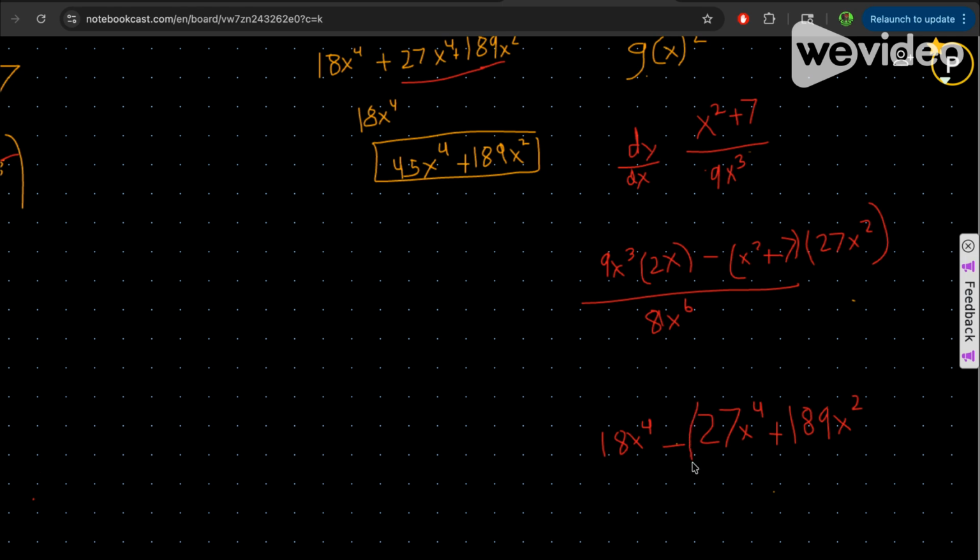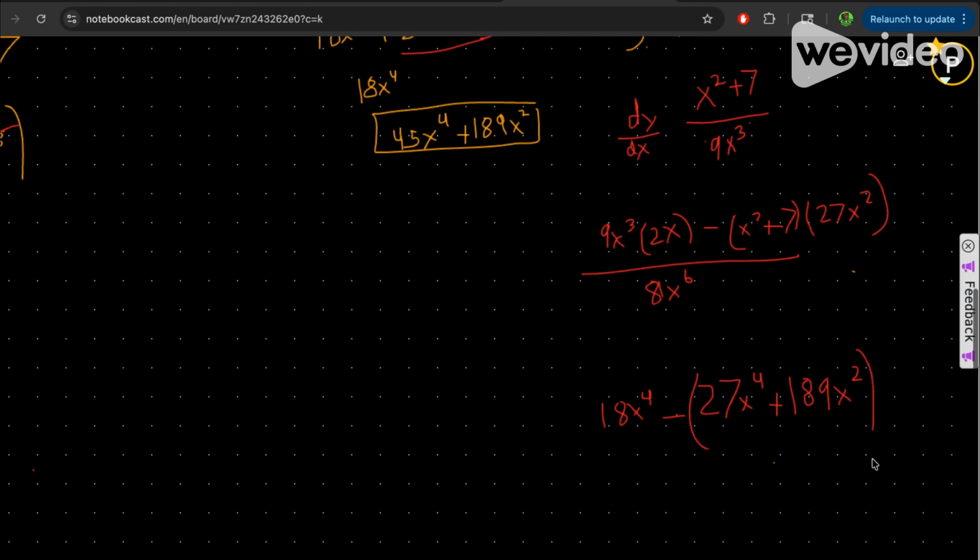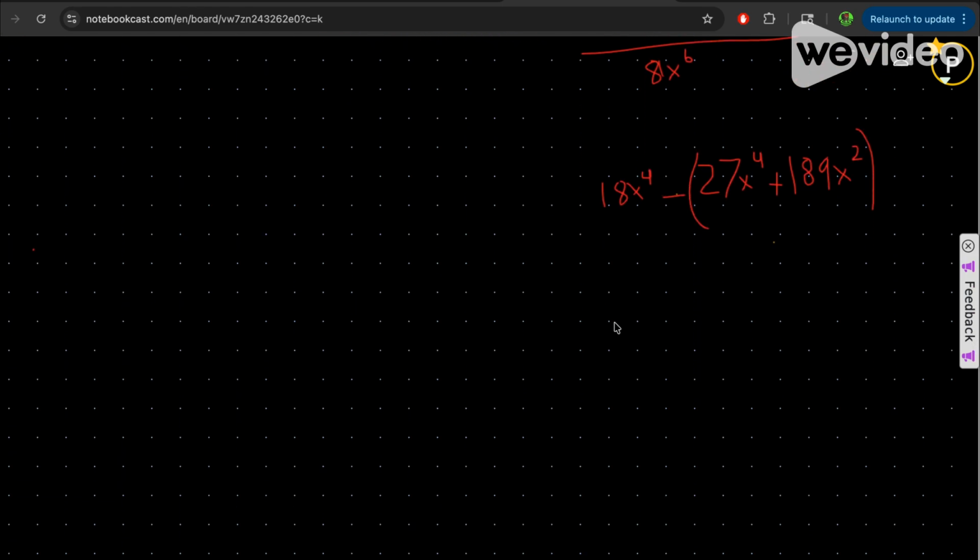And since there's a parentheses around here, you can also just say minus 9x to the 4th minus 189x squared over 81x to the 6th.